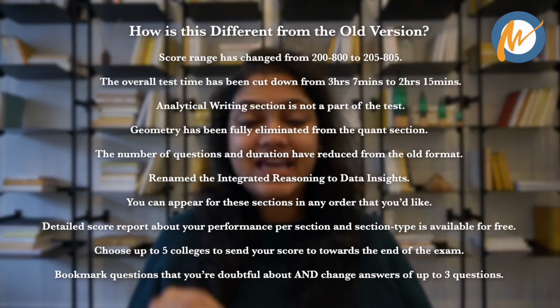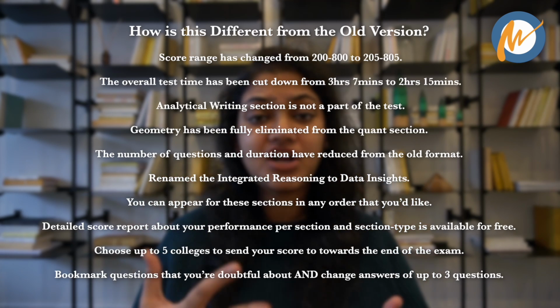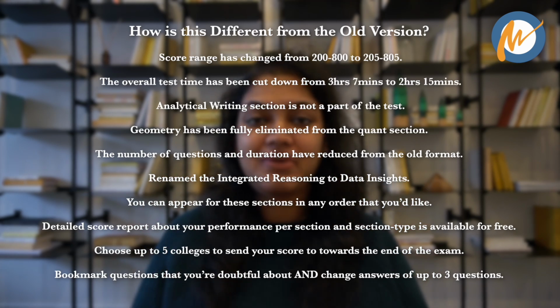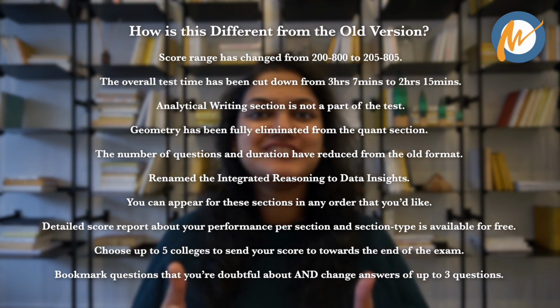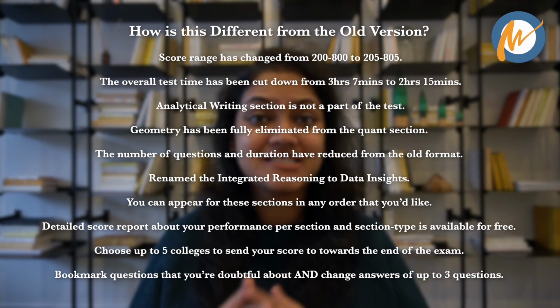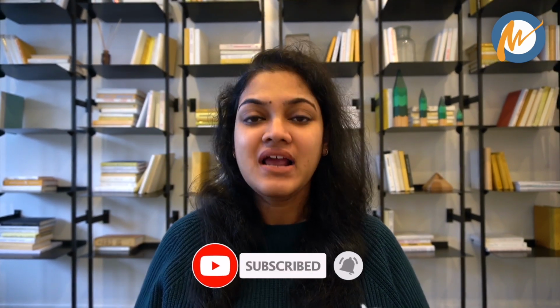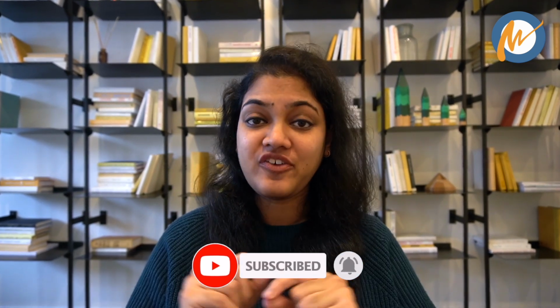The beauty of the GMAT Focus Edition is that they have provided an option to bookmark questions that you are doubtful about or would like to revisit at the end of the section if time permits, and change your answers for up to 3 questions. That's a big deal. So after you're done with the last question of the section, you see a question and review edit page that shows a numbered list of all the questions in the section and highlights the questions that you have bookmarked.